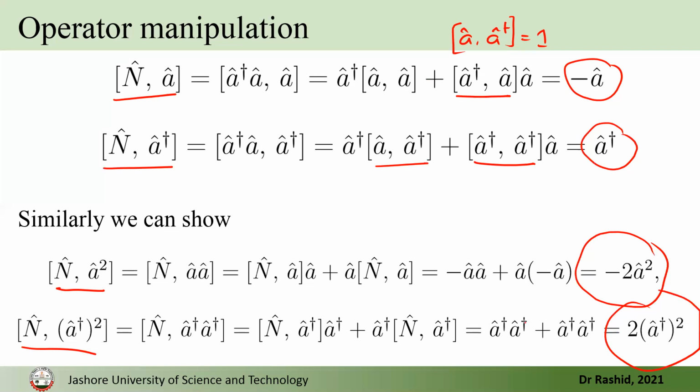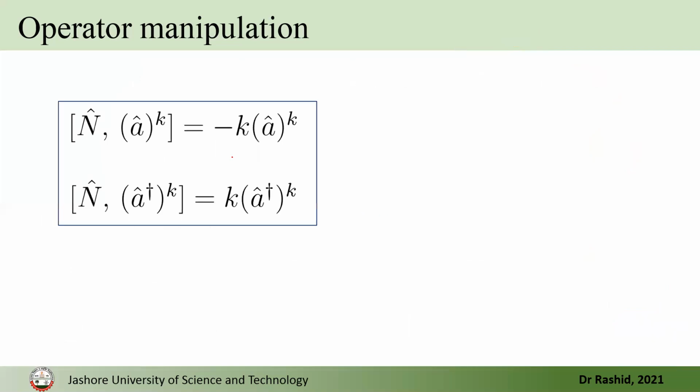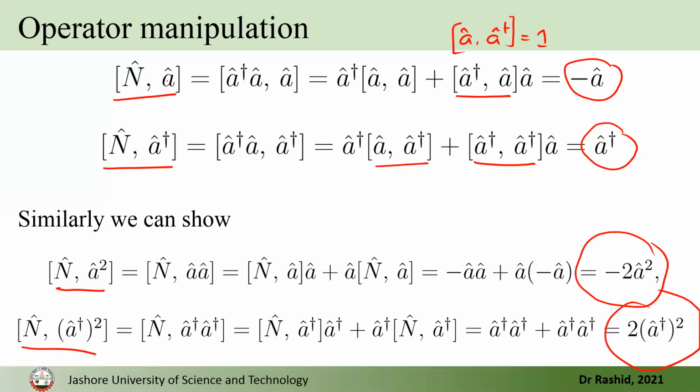So we can write a general expression for that. When the power is 1 here, we have also the power 1 here, but we have a minus sign. When the power is 2, we have a factor of 2 multiplied, but the sign is again minus.